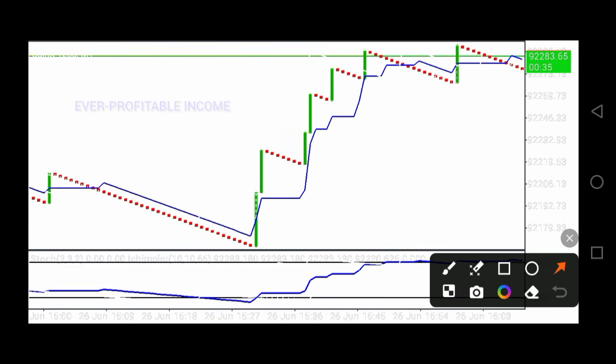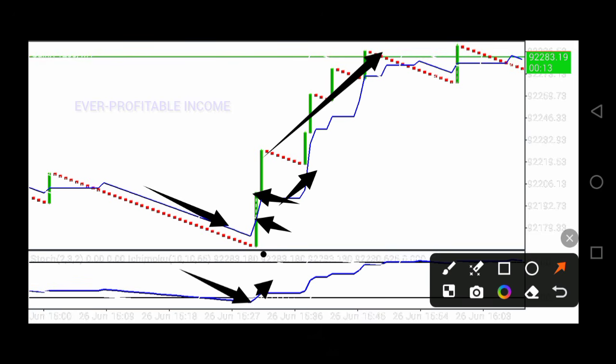Now you can see that when the Ichimoku hits level 20 and started heading upward, a spike occurred. Can you see that? A spike occurred and the Ichimoku on the main chart moved from being above the chart to being below the chart. Then you can hop into the trade and catch many more spikes.